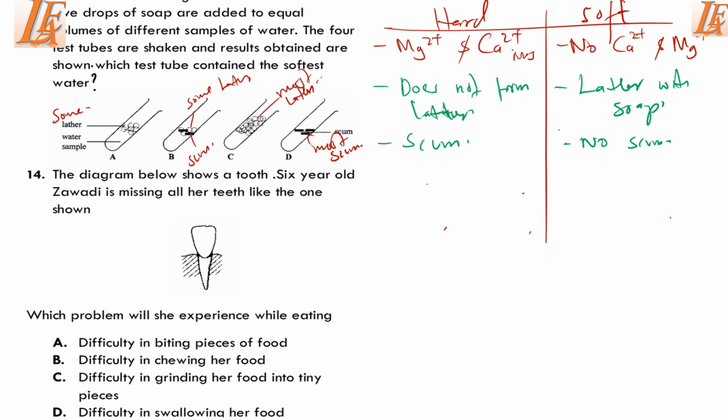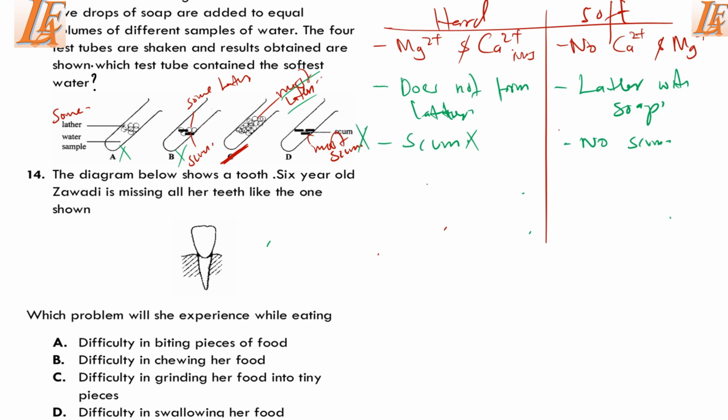The one which contains scum, we have said, is hard water. So this one is not soft, it's hard, and B is also hard. If you compare test tube A and test tube C, C has more lather than A. Therefore, C is the softest water, or the softest test tube in this setup.